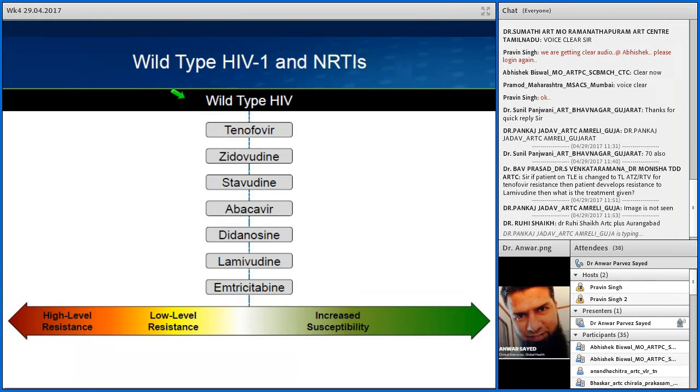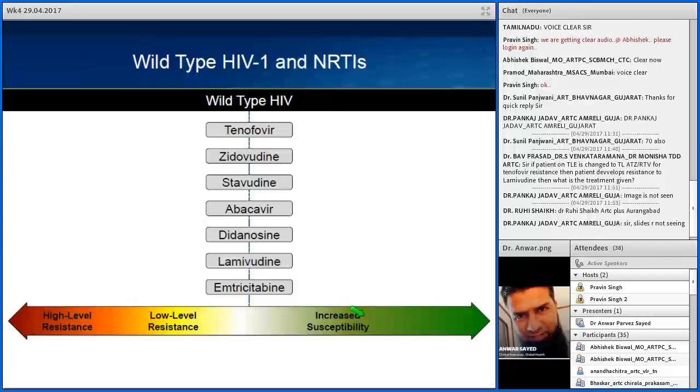Now we spoke about the wild virus, and if you put all your NRTIs on this scale from high level resistance to increased susceptibility, here is the 0, for example, where drugs are sensitive. On the right side, there can be increased susceptibility. On the left side, there is low level resistance and high level resistance. All these drugs are susceptible in the wild type virus.